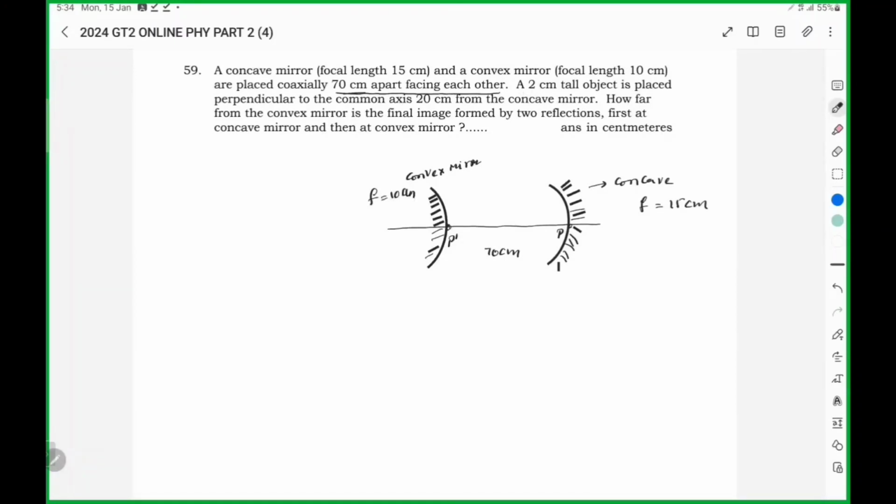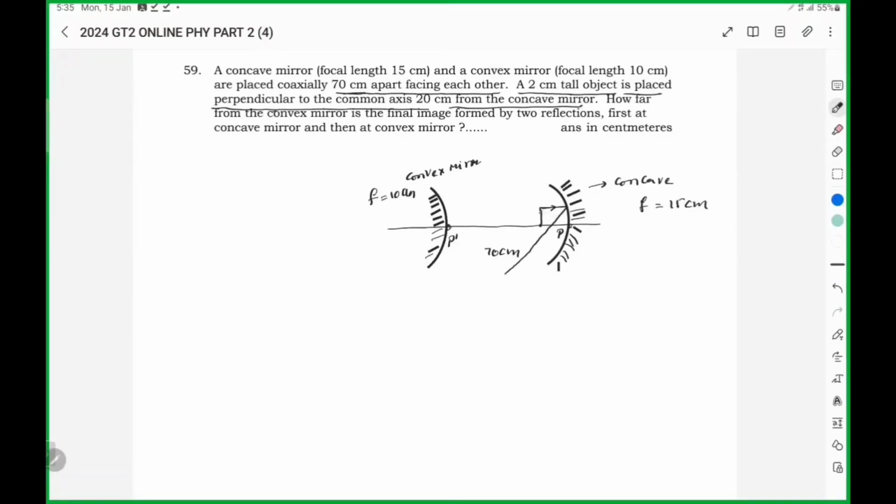A 2 centimeter tall object is placed perpendicular to the common axis at 20 centimeters from the concave mirror. That is in between the focal length and radius of curvature. So a ray from this object gets reflected and passes through the focus.